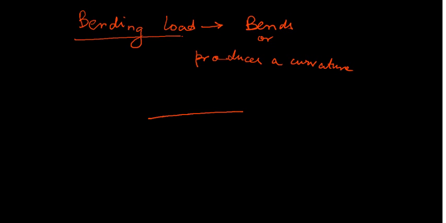Let me support it at this end, and let's load it at the middle. So if we name it, this is support 1, this is support 2, and this is your load. So when you have such a structure, supported at its two extreme ends and loaded at the middle of the length, then this structure would tend to bend like this.